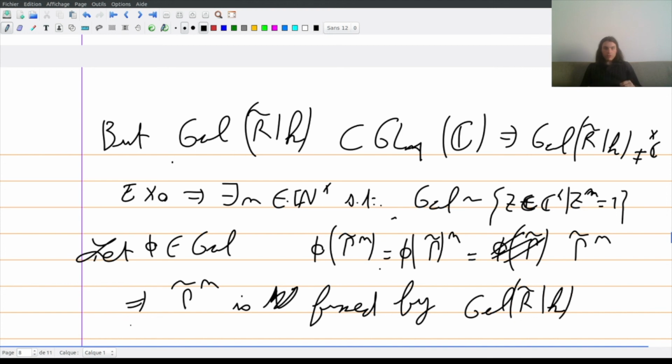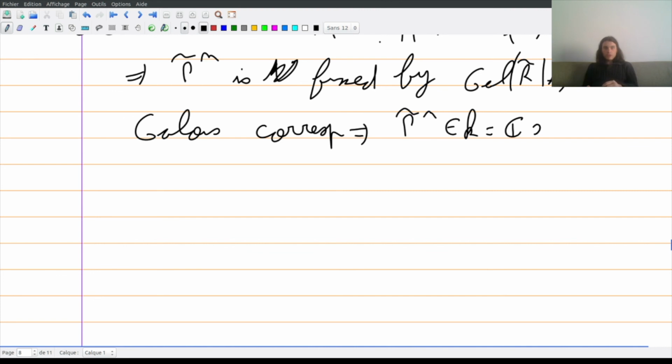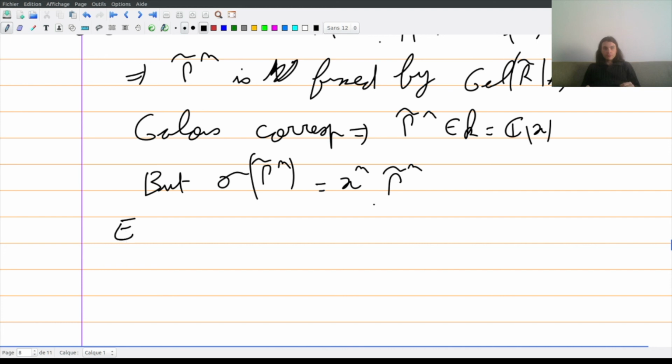And by the Galois correspondence, it implies that it belongs to K, which is in that case C of X. Okay, but sigma of gamma tilde n is equal to x to the power n times gamma tilde n, and I leave as an exercise the following fact.